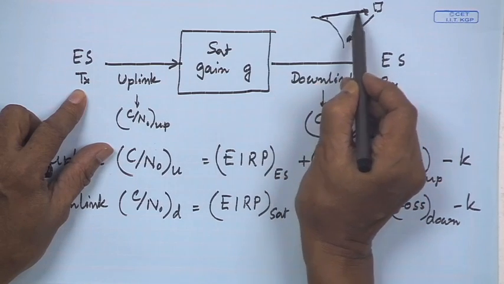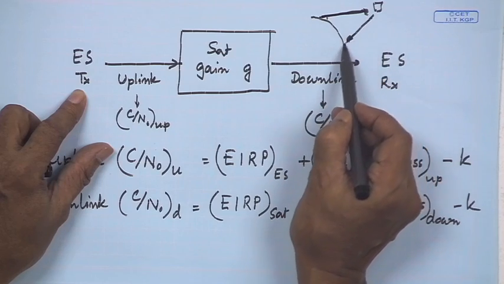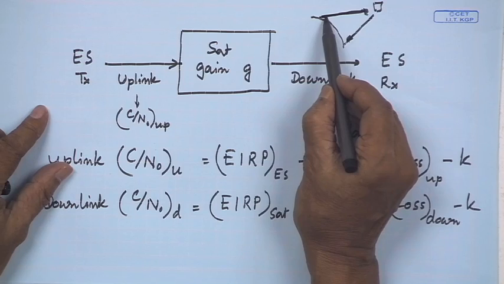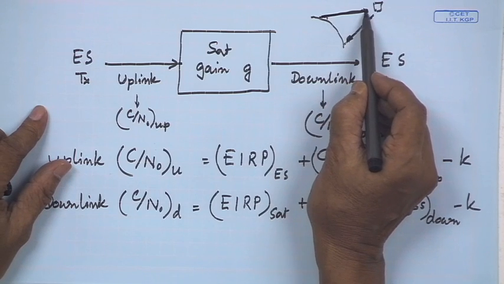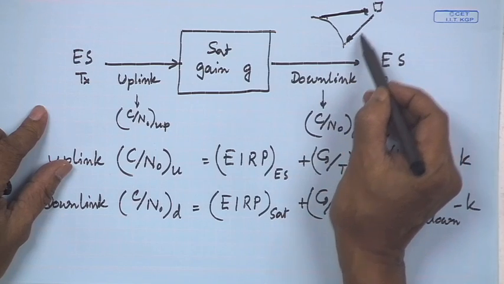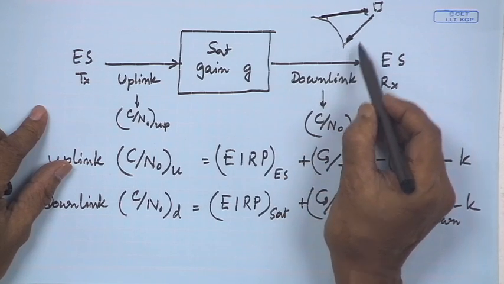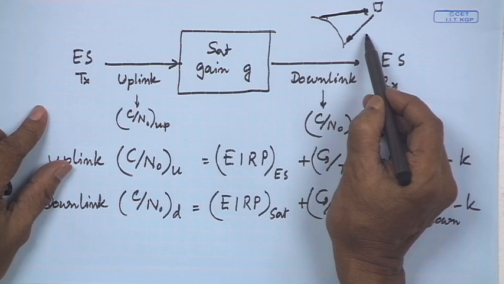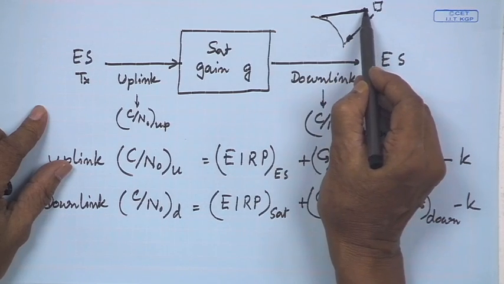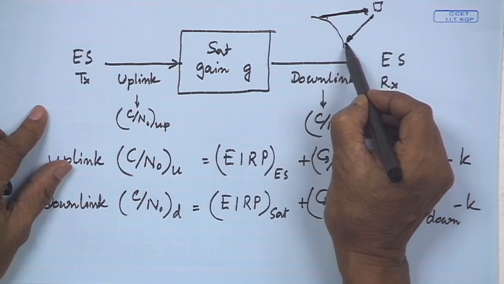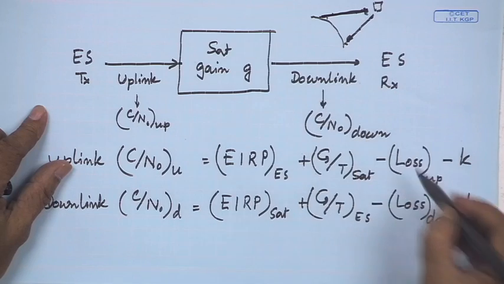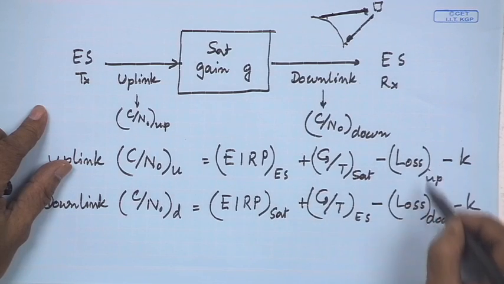So, the uplink distance and downlink distance may or may not be the same, and the uplink frequency is higher, as we have seen per ITU regulation, and the downlink frequency is relatively lower than the uplink frequency. So, lambda is different. Uplink path loss and downlink path loss, because of their range difference and frequency difference, may not be the same.